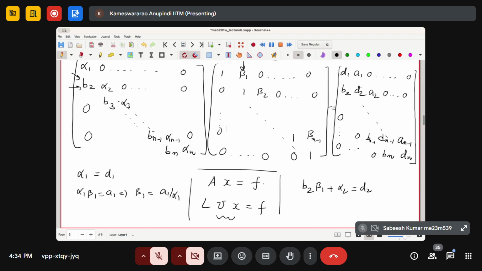Second row, second column gives me the diagonal element. Beta 1 I have already calculated, so I can calculate alpha 2 equals D2 minus B2 beta 1, right?